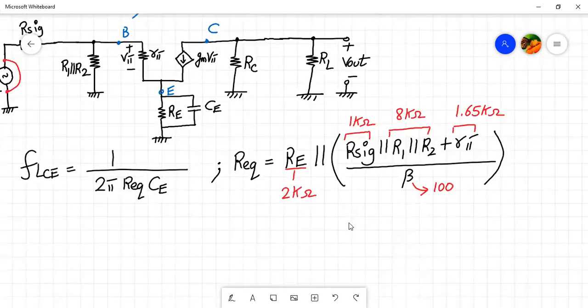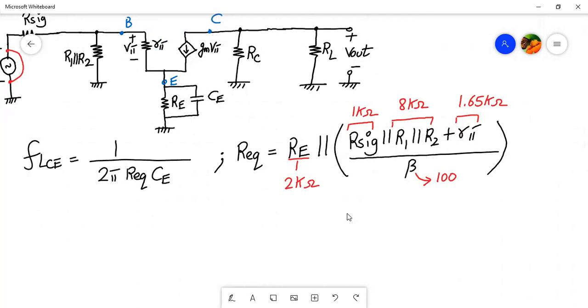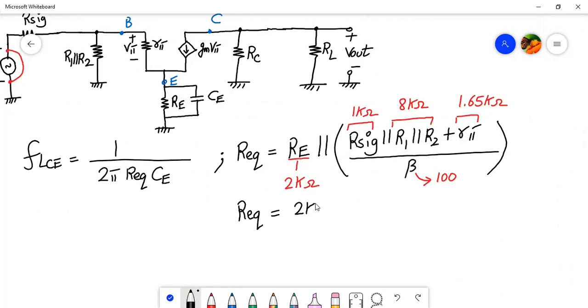Fine. So we have to find the value of R equivalent and then put it in the formula. So if you work it out in a calculator, R equivalent is equal to 2 kilo ohms parallel to, here if you check, this 8 kilo ohm parallel to 1 kilo ohm will give you 888.88 ohms, and this is 1.65, divided by 100, that will be 25.438.